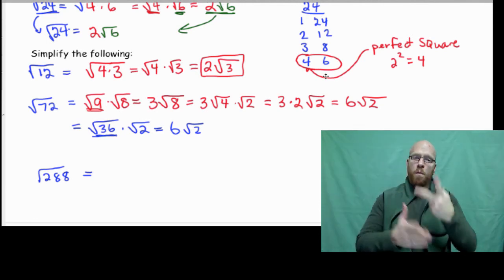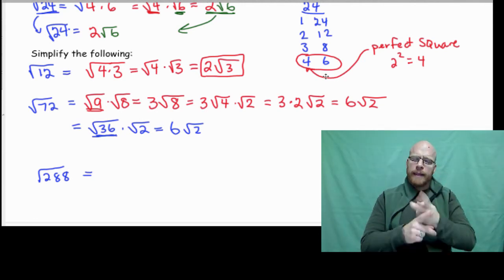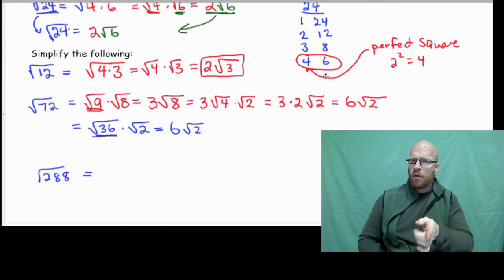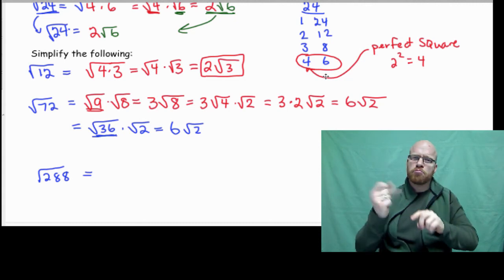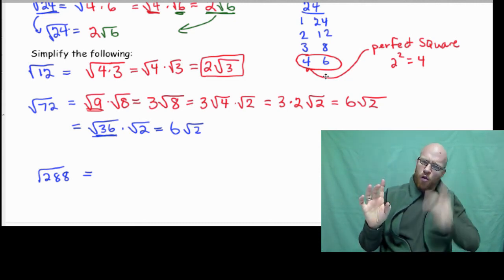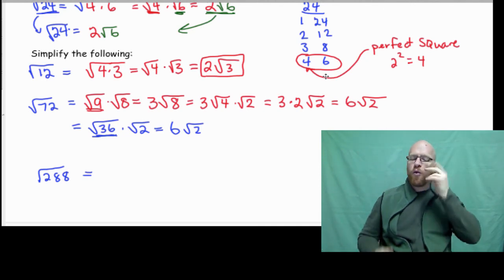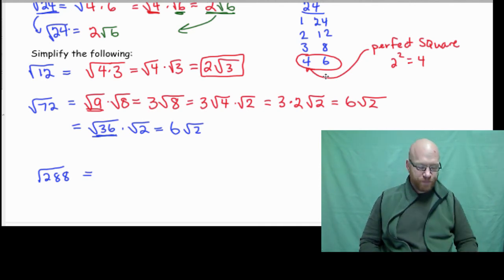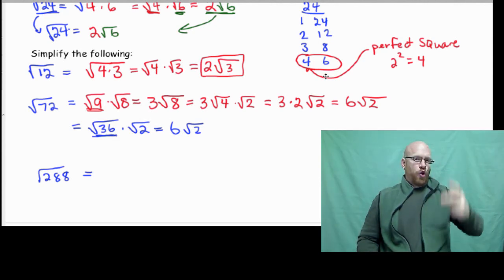Okay, my point, showing both ways, is if you were to overlook the best factor pair, you can still keep working, it will work out. But if you see the best possible choice first, you arrive at your answer quicker. Now, there are no more factors of square root of 2, no more perfect squares. So that's final.